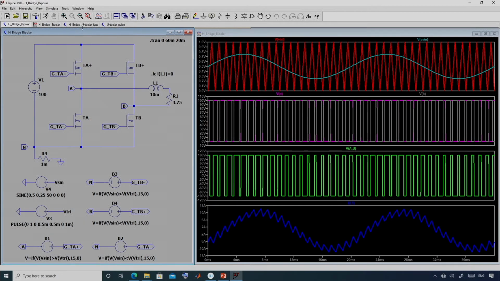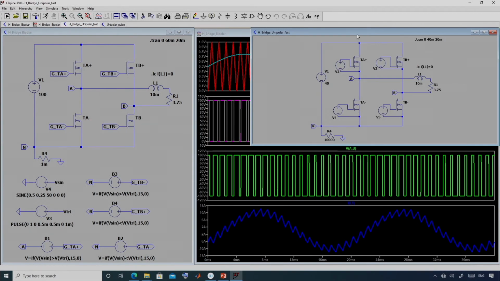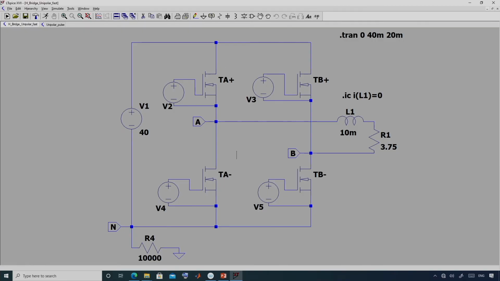Then next let us look into unipolar PWM. So this is the simulation for unipolar PWM, and here I have these 4 switches again, and the rest of the circuit is similar, but here the modulation comparisons are directly given using these 4 voltage sources.